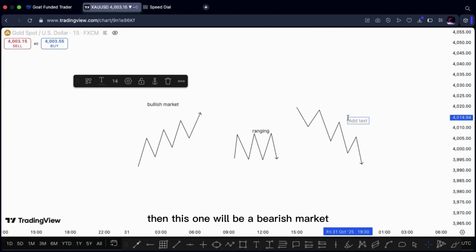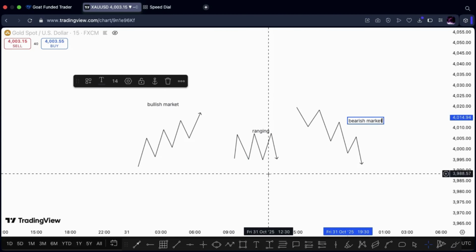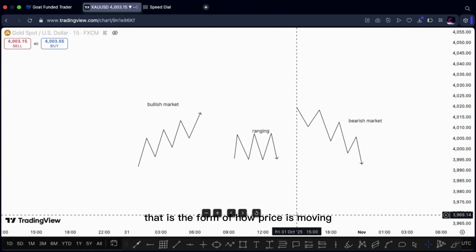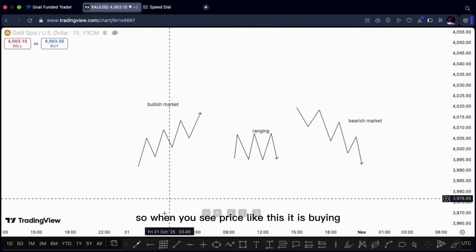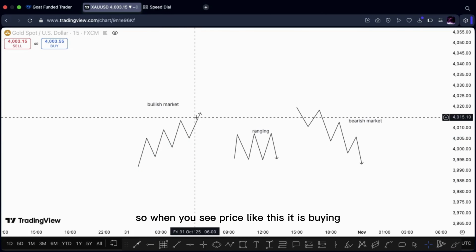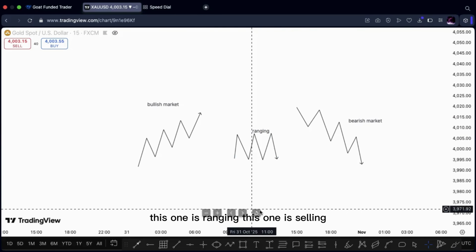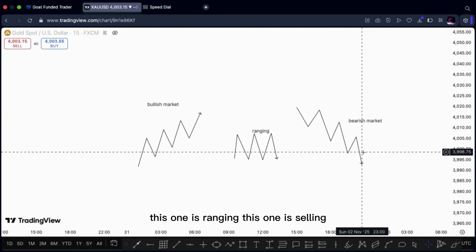Then this one will be a bearish market. That is the form of how price is moving. So when you see price like this, it is buying, this one is ranging, this one is selling.